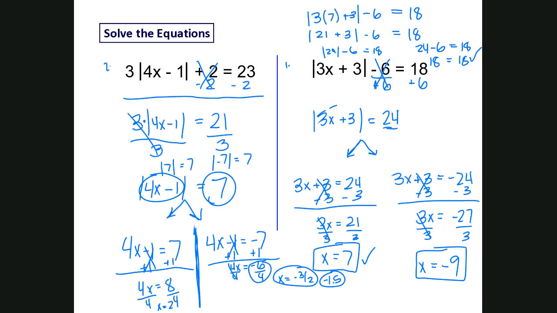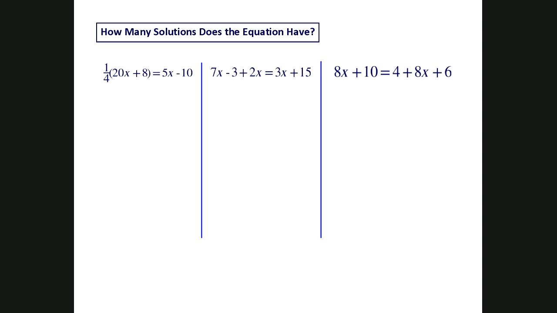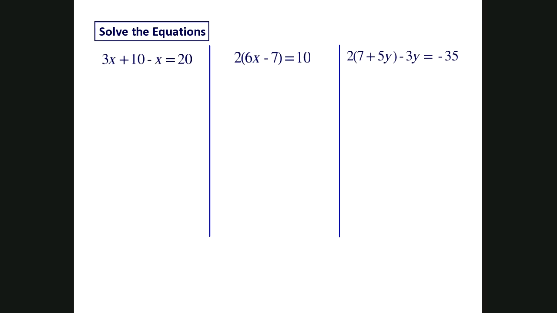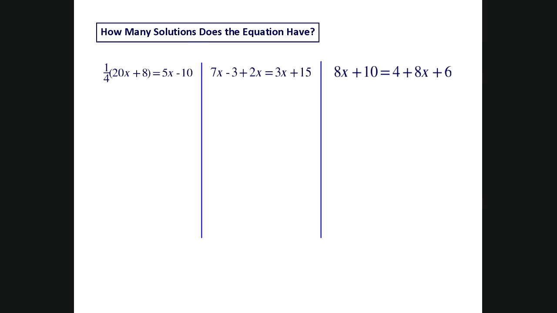Okay, good. Let's go back to next. We did inequalities. Do you guys want to solve equations, or how many solutions do equations have? Solve equations, or how many solutions?